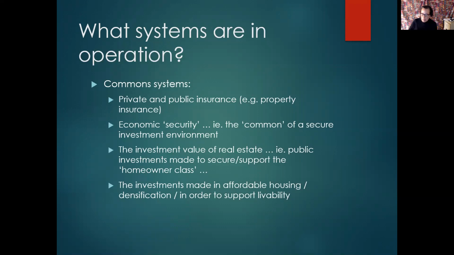And then we have another common, in that we can make investments in affordable housing and densification, even if we aren't individually going to think that we're going to need affordable housing, we might. There's a lot of situations where we might find ourselves in need of various kinds of housing.